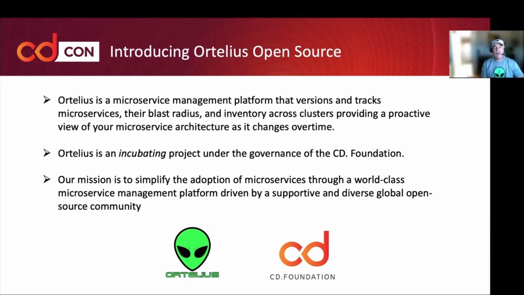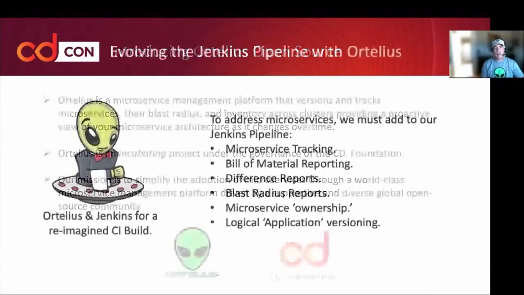Our mission is to simplify adoption of microservices through a world-class management platform driven by a supportive and diverse global open source community. In the Ortelius open source community, we have contributors from all over the world, at all different skill levels, and if you're interested, please come join us.